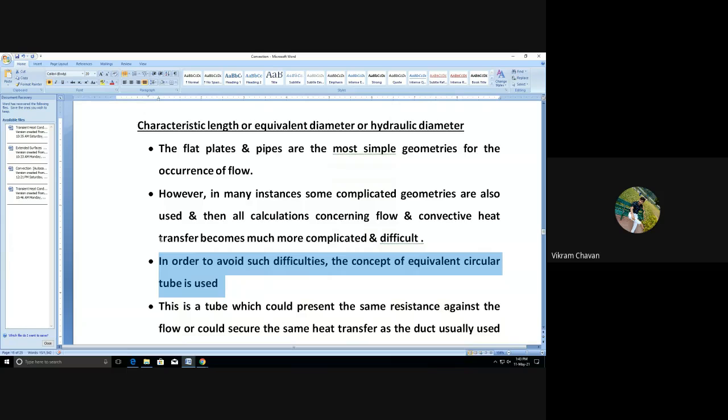In order to avoid such difficulties, the concept of equivalent circular tube is used.